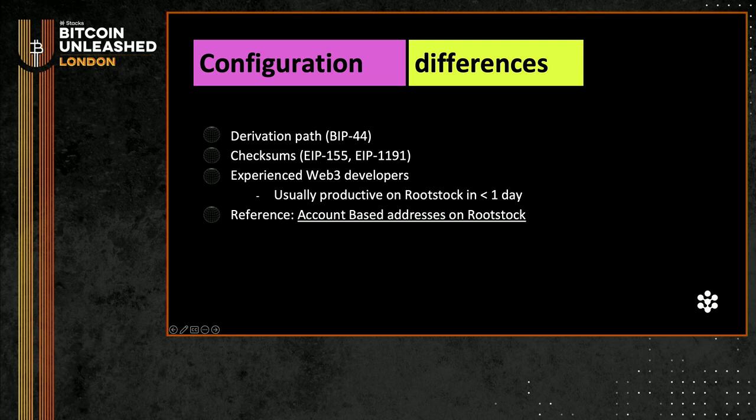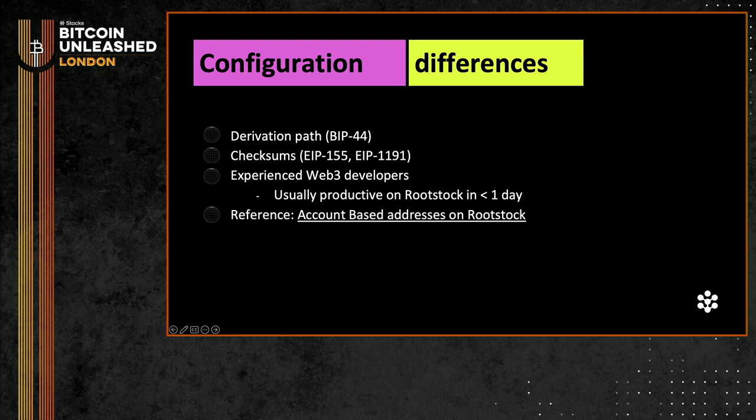Basically, these are two. When you create your account, you have this seed phrase, 12 to 24 words, that you need to have as backup, and you can always get the same accounts from that seed phrase. It's deterministic. The algorithm uses a path that is defined on BIP 44, that is Bitcoin Improvement Proposal 44, and it has a sequence of numbers separated by slashes, and one of those values is the coin type.